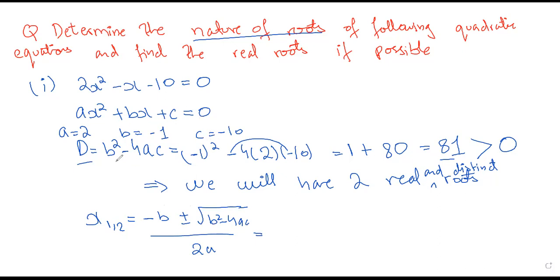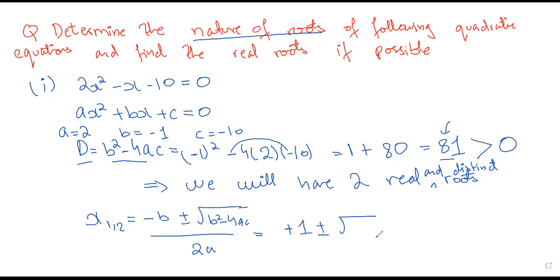So in this case, since we have already calculated the discriminant, we can see that it is 81. 81 is a perfect square. So I can easily just plug in the values. Minus b would be 1 plus minus under root b square minus 4ac is, yes, what is this, Haris? What is b square minus 4ac in this example?